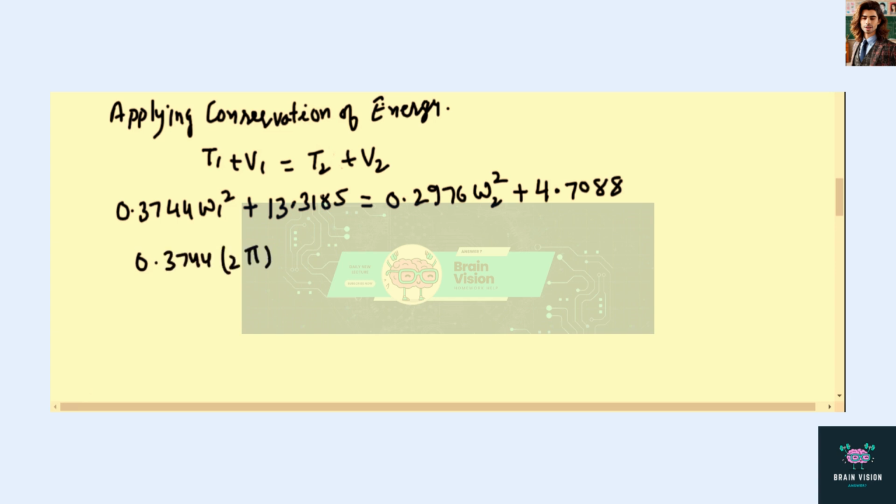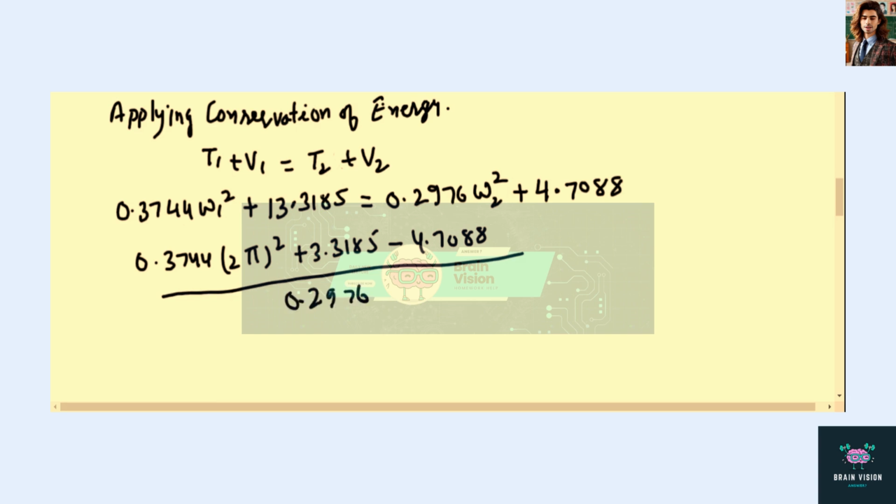So 2 pi square into 0.3744, plus 13.3185 minus 4.7088, divided by 0.2976 omega 2 square. So angular velocity omega 2 we will get 8.8655 radian per second. That is the answer for this problem.